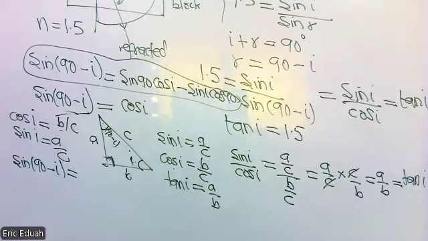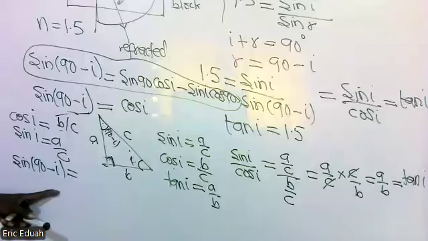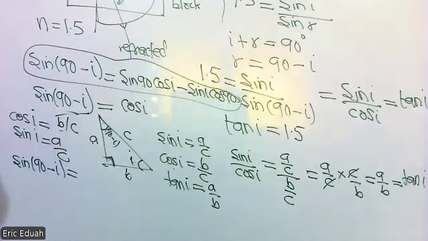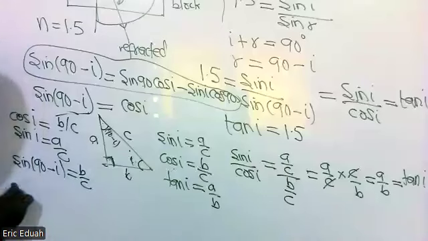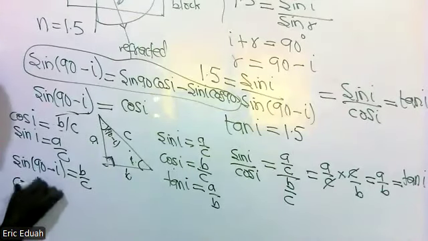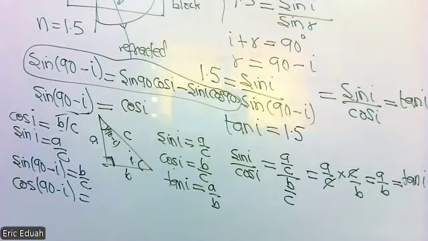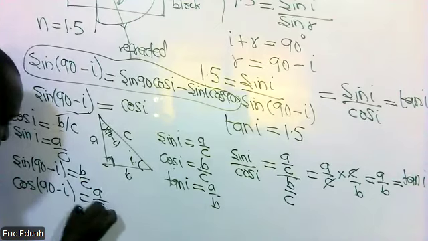Sine of 90 minus I is B on C. Okay, yes. And finally, cos of 90 minus I. A on C.